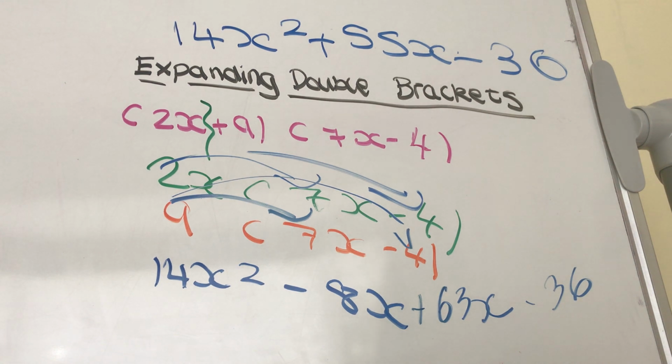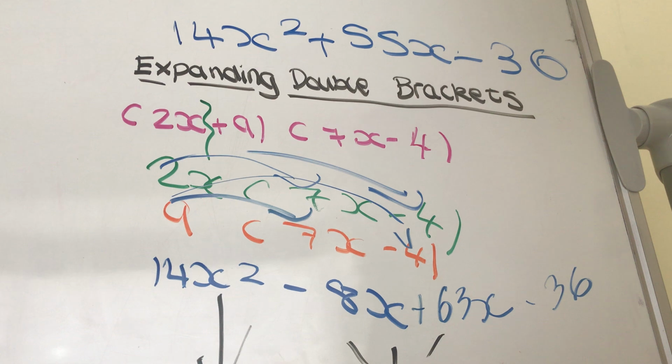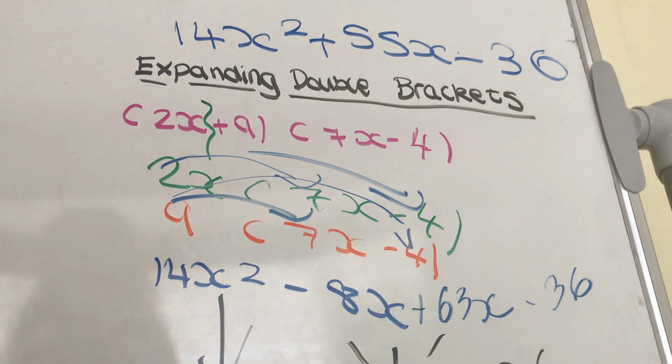So our x's are going to be negative 8x plus 63x, so I would do, as I said earlier, 63x minus 8x, and that is going to give us positive 55x. I know I'm putting a plus sign here because I know this has got to come down and give me 14x squared plus 55x, subtract 36. So we have 14x squared plus 55x, subtract 36 as our final answer, because we can't simplify that any further.